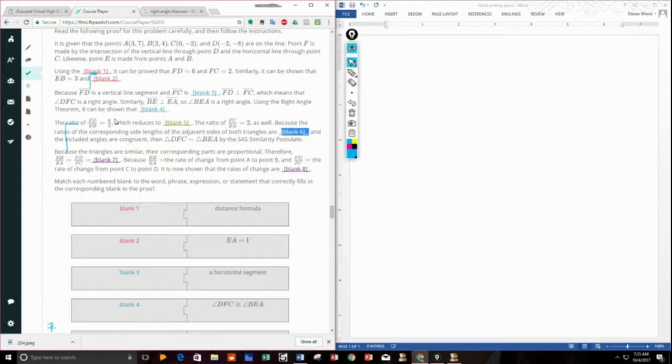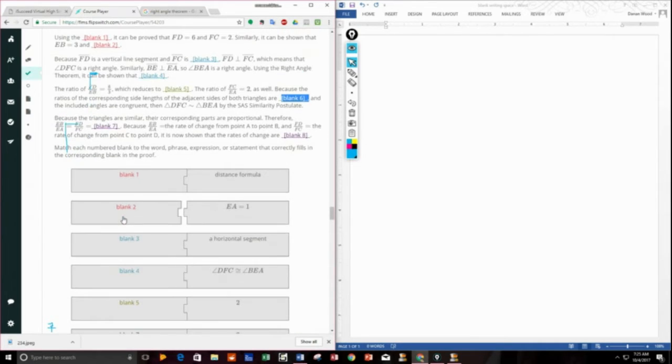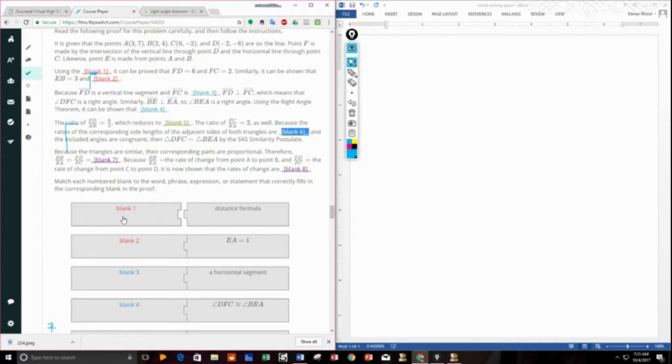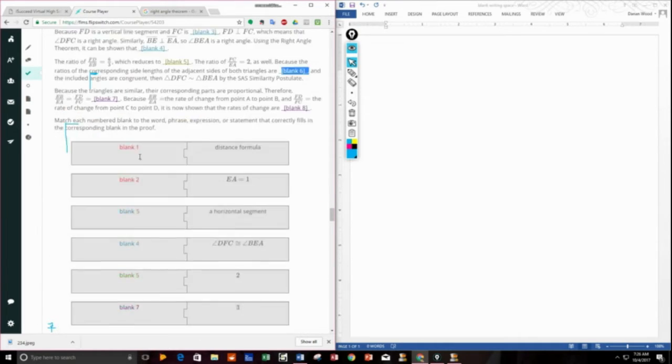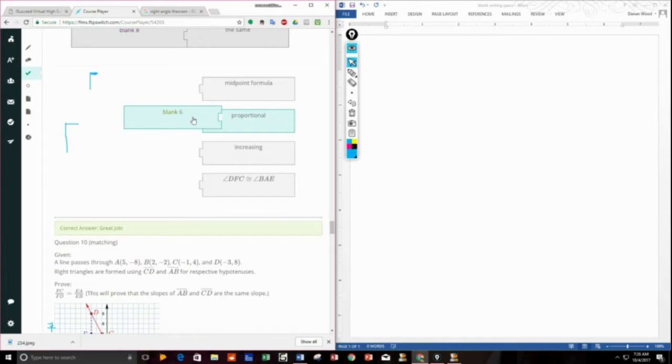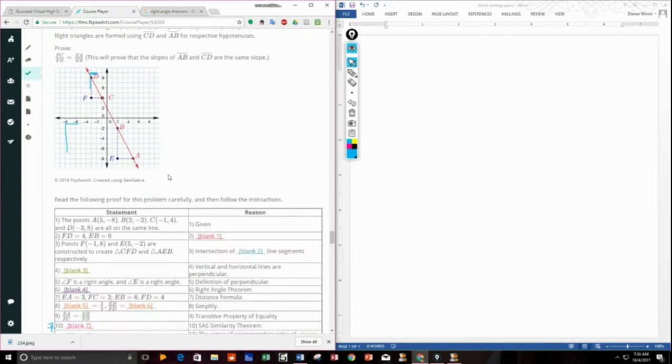Okay, well, they are proportional. See how this one is 6 over 3, which reduces down, they are proportional. This FDC is just a bigger version of EBA and proportional. So blank 6 is proportional.